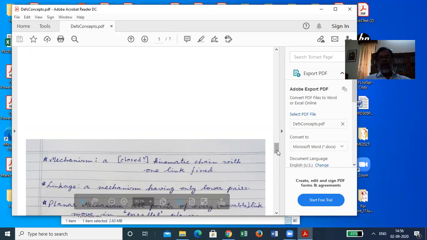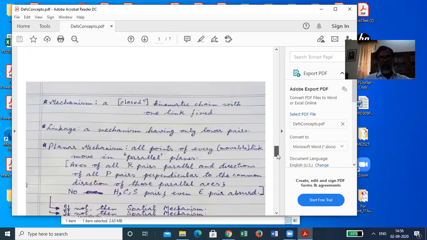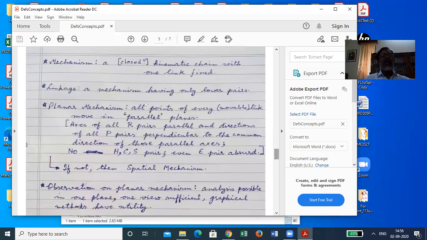Now, mechanism. At this point you can define a mechanism, after having gone through several technical terms: a kinematic chain with one link fixed. And this is where we have been heading all the time.